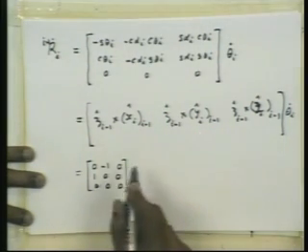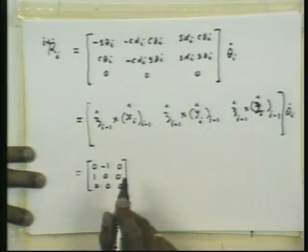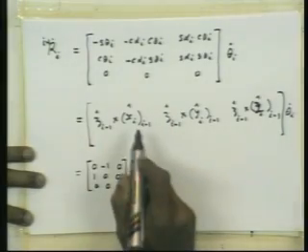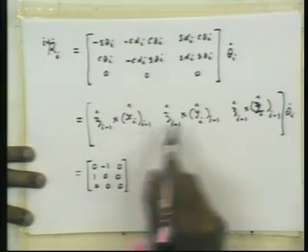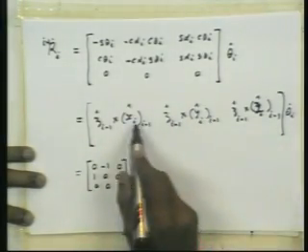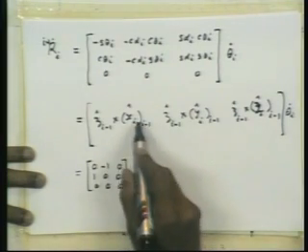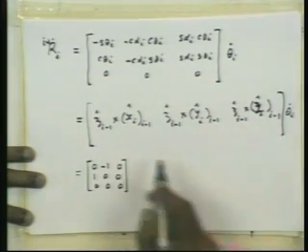It is a skew symmetric matrix multiplying a matrix made up of these vectors.